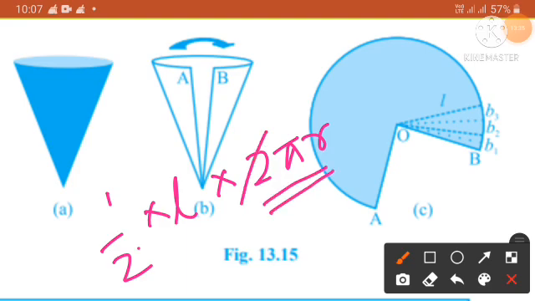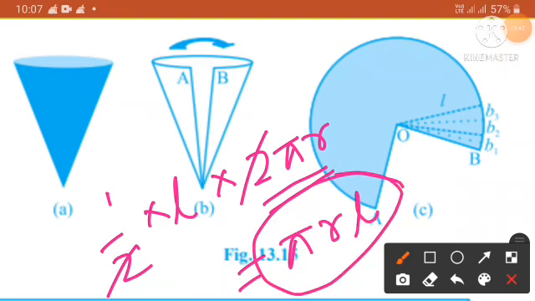So ultimately you are getting pi r L. So the curved surface area of a cone is equal to pi r L, where r is the base radius and L is the slant height.